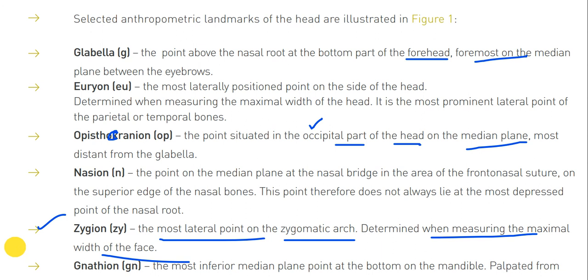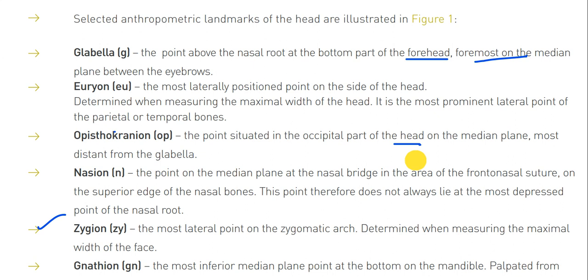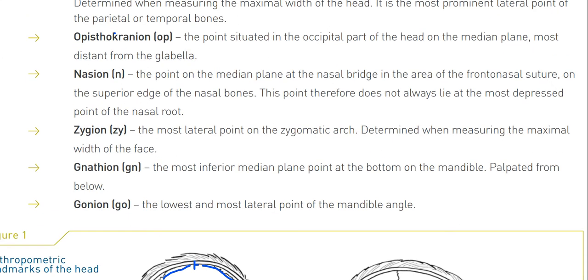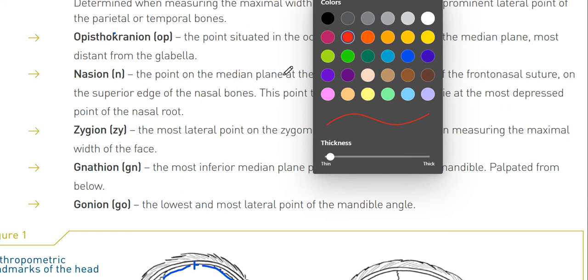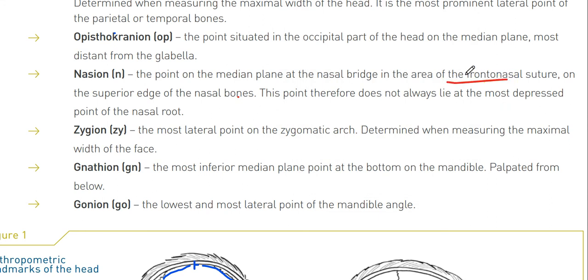Now nasion is identified as the point on the nasal bridge at the junction of the frontal and the nasal bone, right? In the frontonasal suture on the superior edge of the nasal bones. This point therefore does not always lie at the most depressed point of the nasal root.